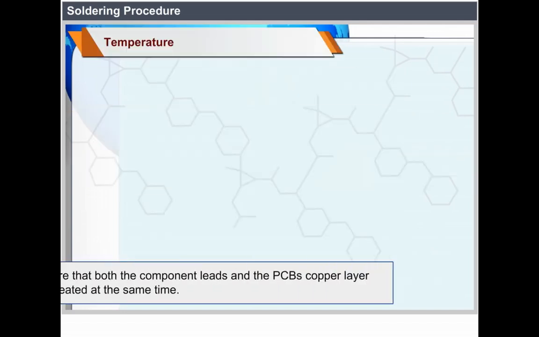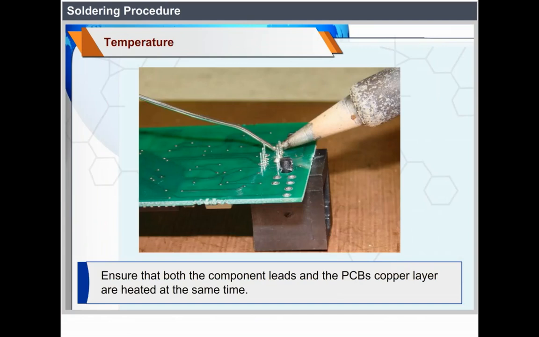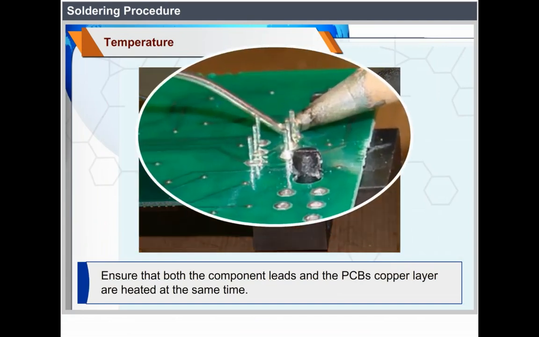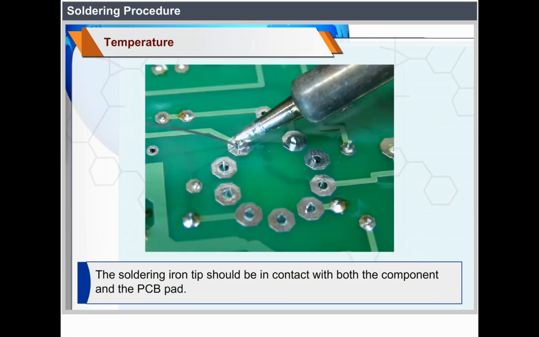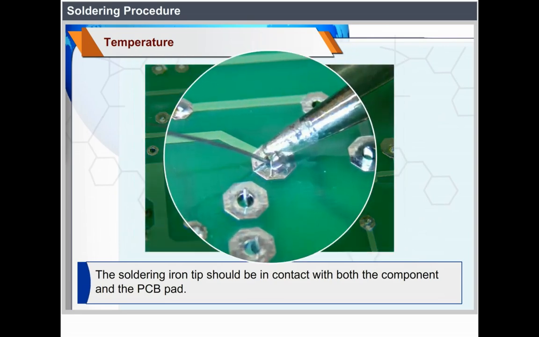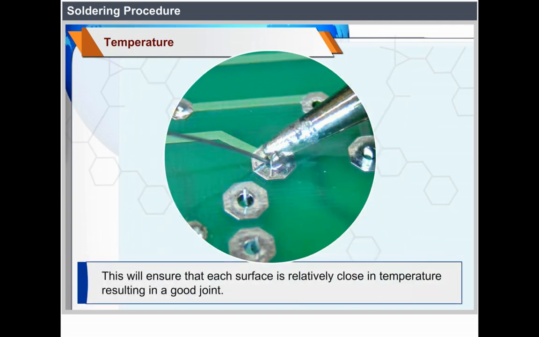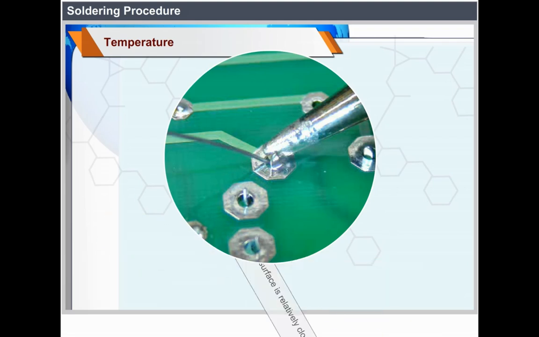Temperature. Ensure that both the component leads and the PCB's copper layer are heated at the same time. Soldering iron tip should be in contact with both the component and the PCB pad. This will ensure that each surface is relatively close in temperature, resulting in a good joint.